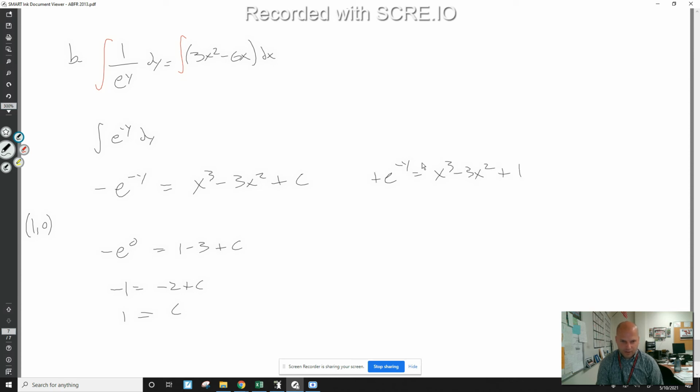Take the opposite of everything. Got to get rid of the e. Take the natural log of both sides. That becomes -y equals log of, you don't need an absolute value, and then take the opposite of both sides.